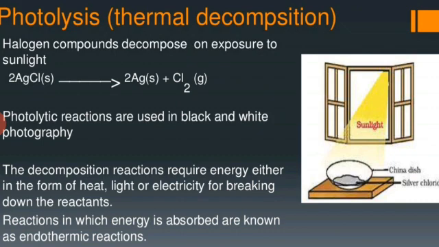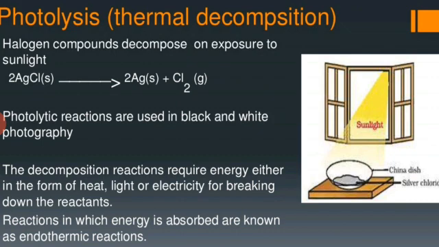There is one more kind of decomposition reaction, that is photolytic decomposition. In this, energy is supplied in the form of light. For example, we take some silver chloride in a china dish and place it near the window, from where diffuse sunlight is reaching that china dish.